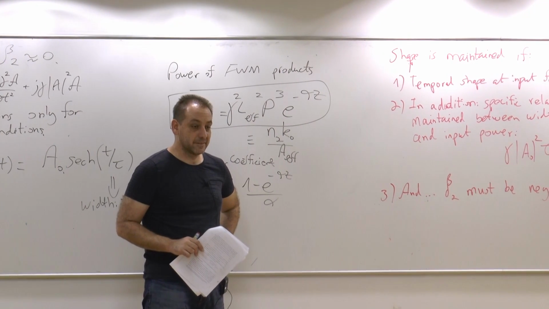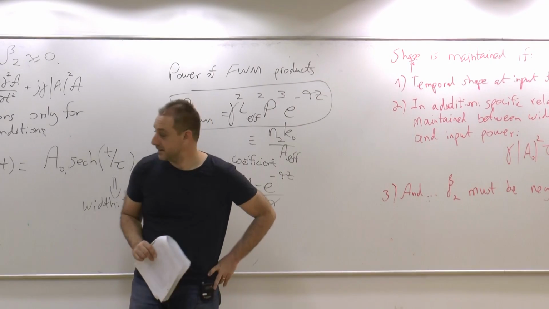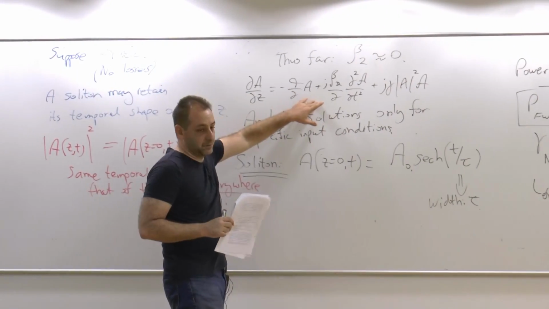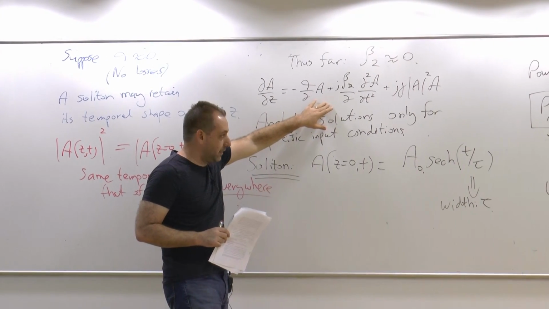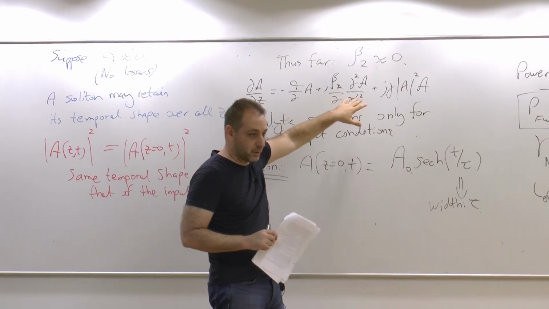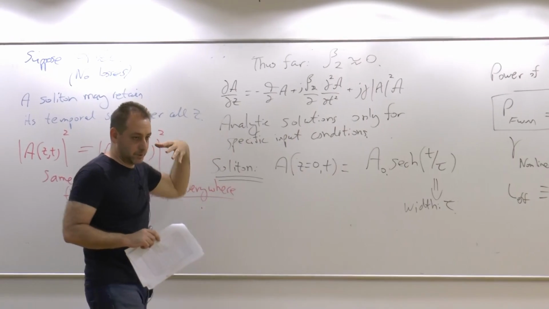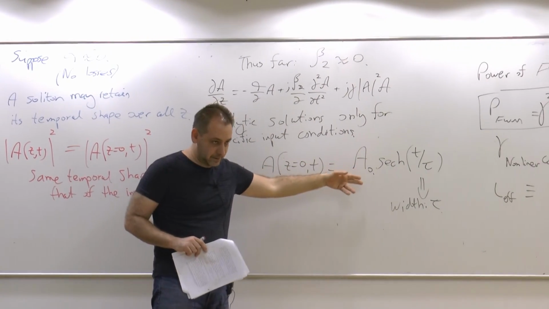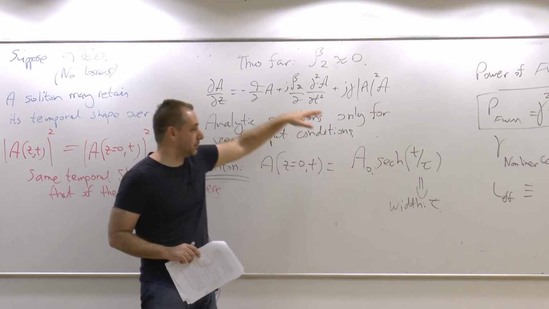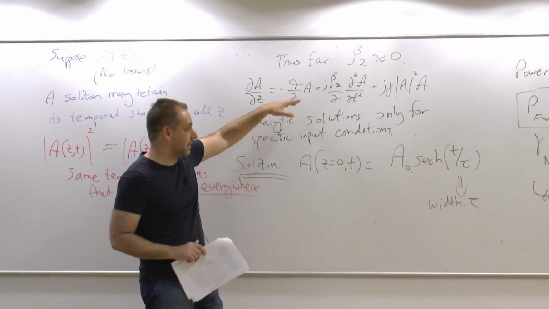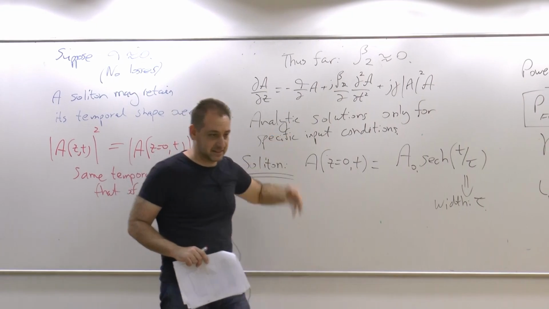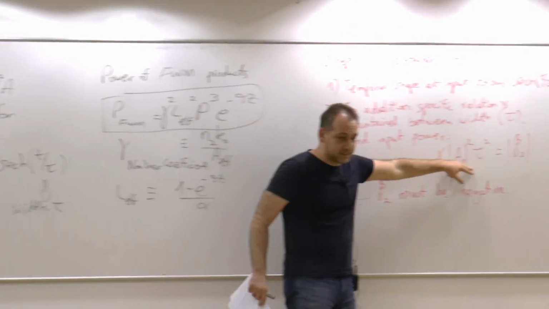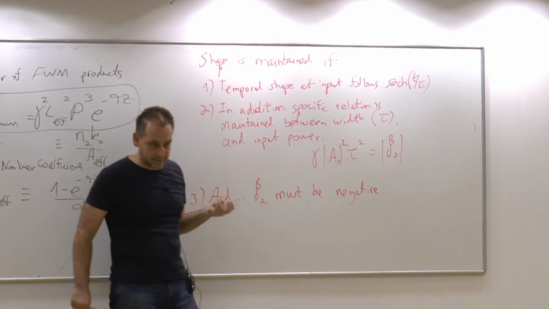These terms are coming from the solution of this equation? These terms are the coefficients of the equation. Okay, beta 2 and gamma are the coefficients of the equation, and I'm guessing a solution of that form. And it turns out, if I were now to substitute this in and take the derivatives and whatever is necessary, if this is maintained, the equation is satisfied.